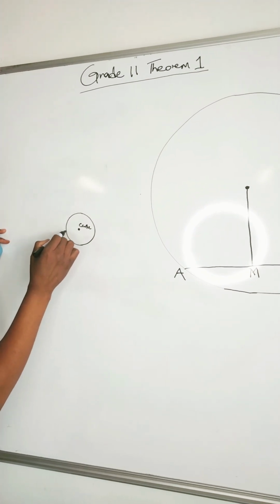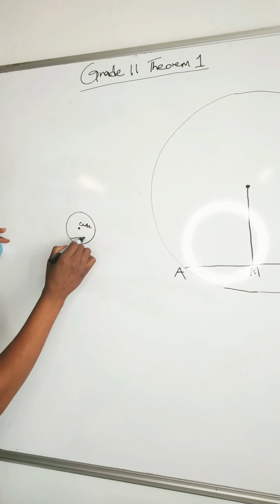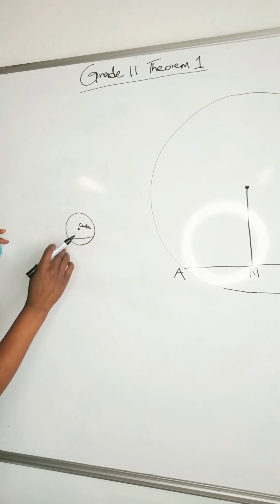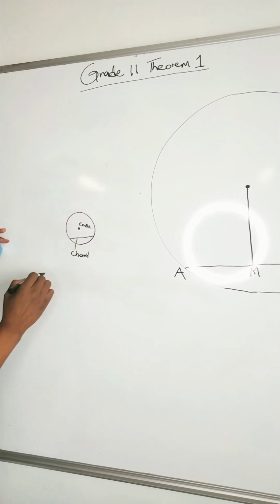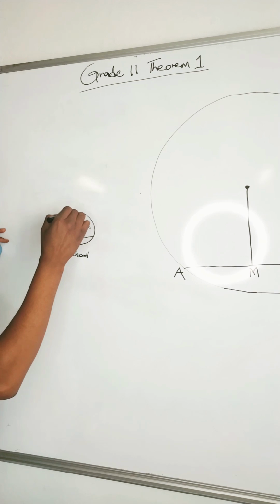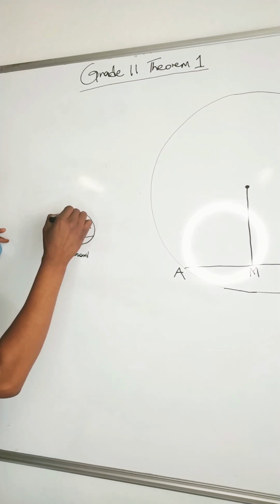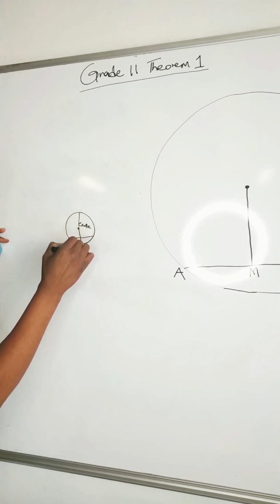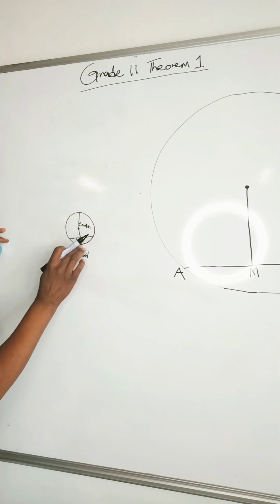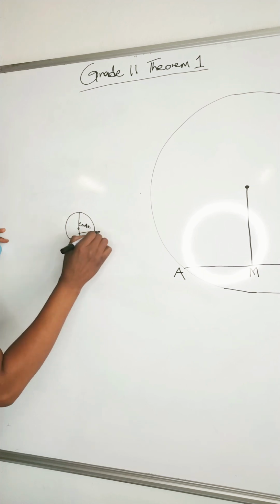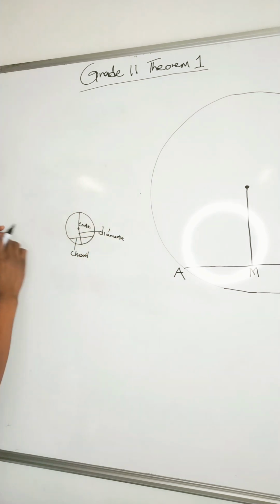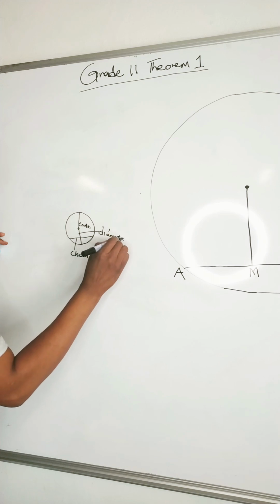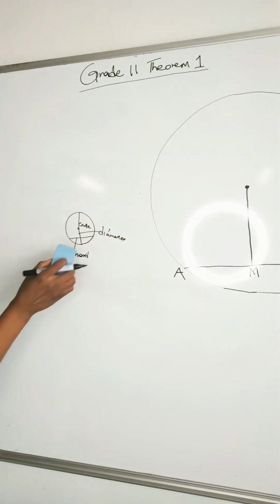So if you draw a line from here to here, it's called a chord. But if your line passes through the center, from the circumference right through the center to the other part of the circumference, it is called a diameter. So let's not get confused about that. I hope it's clear.